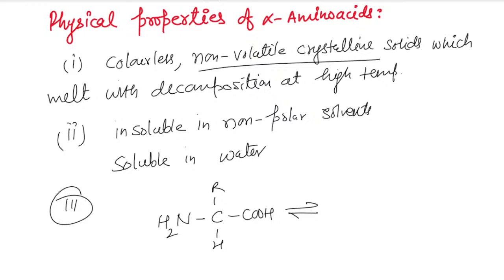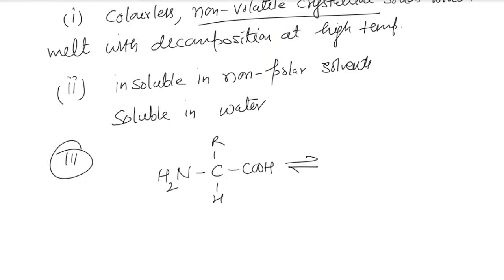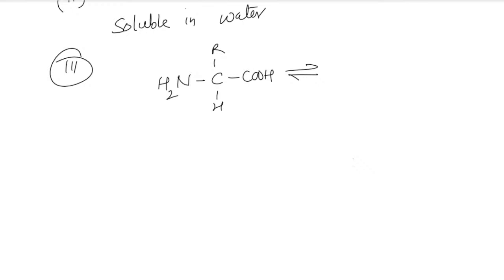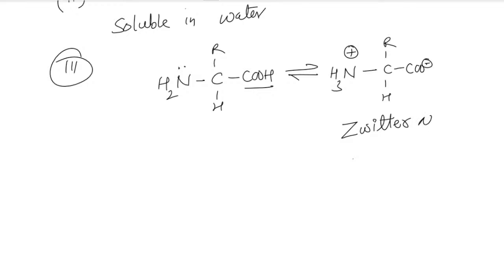As they have both groups, they can exist as NH3 positive and COO negative, because the COOH group gives an H plus ion and NH2 accepts it. That is called a zwitterion or dipolar ion.